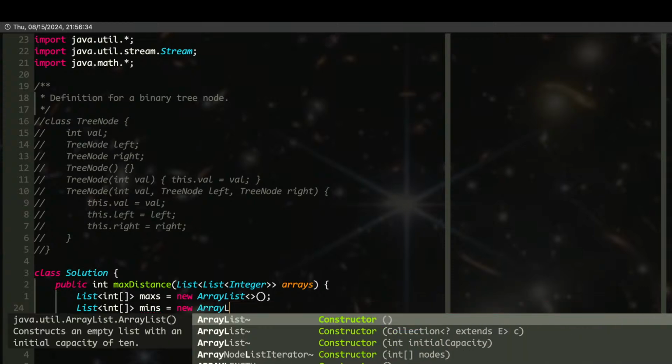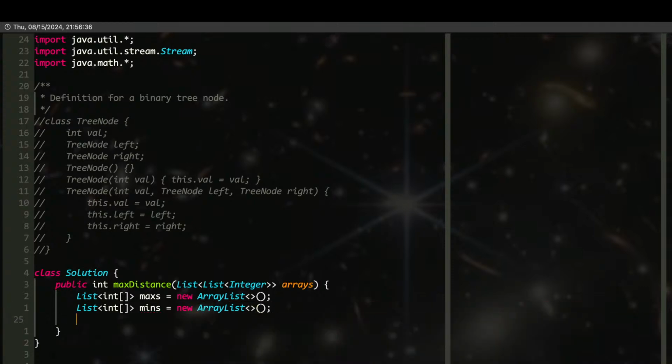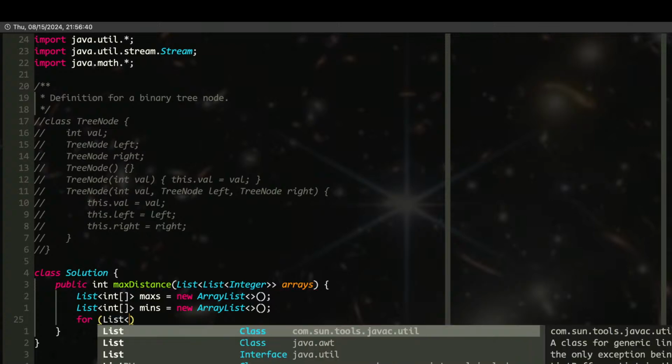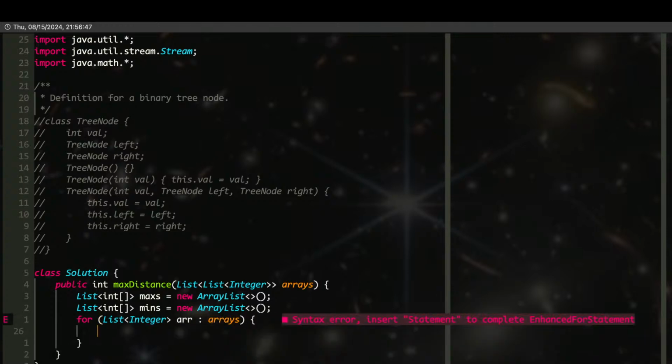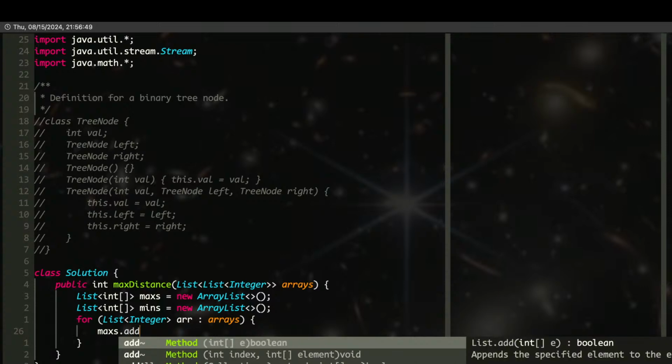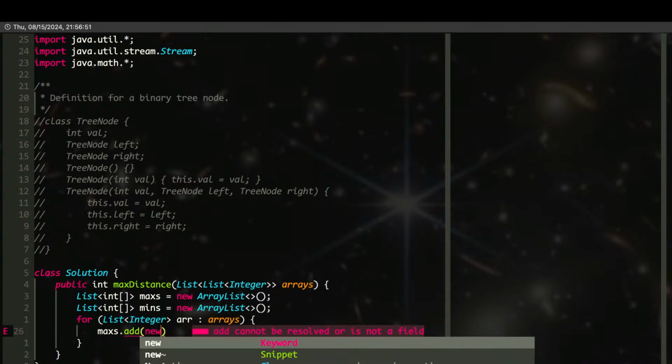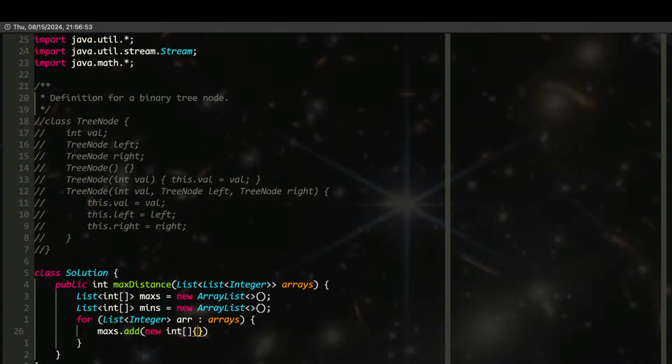Okay, new array list. So what we're gonna do is, for each list of integer array in arrays, maxes.add new int.